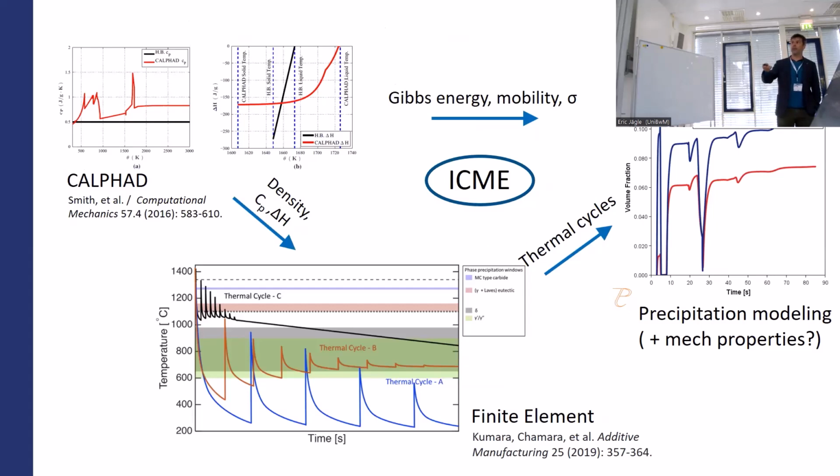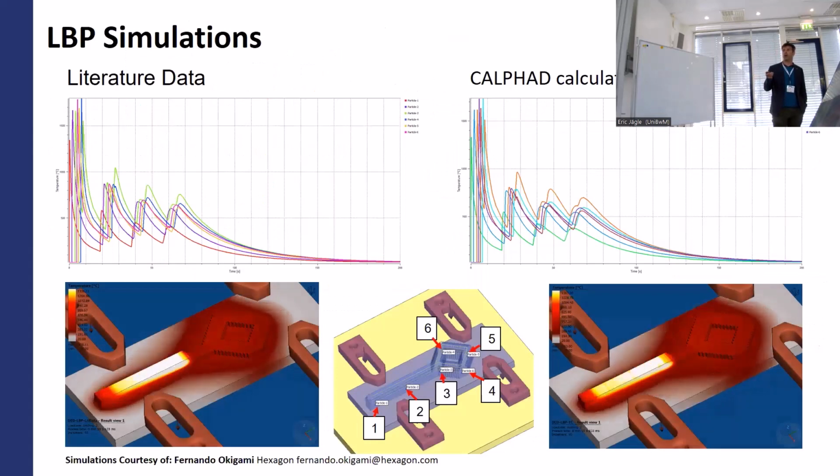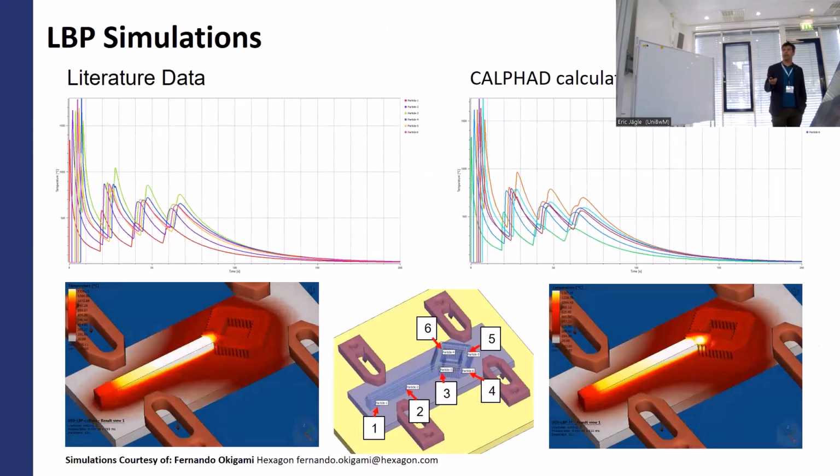So this is again a very nice application. What you're doing here is getting CALPHAD data to go into the thermal input of an FEM model, for example, and then you can use the output of an FEM model for precipitation and growth simulations. This was done in this example here.